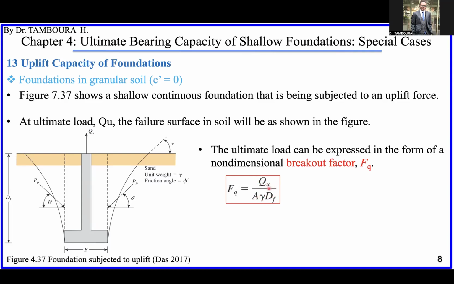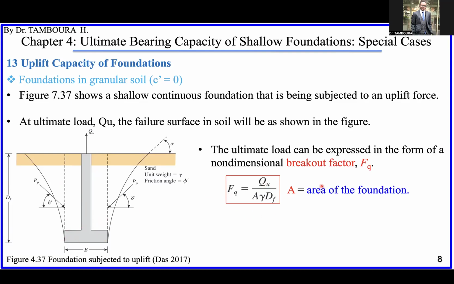The QU we know it already, the definition of QU we know it already. A is simple, it is the area of the foundation. Please, it is not the width of the foundation. This means area, because as you can see, the foundation is supported by the area.